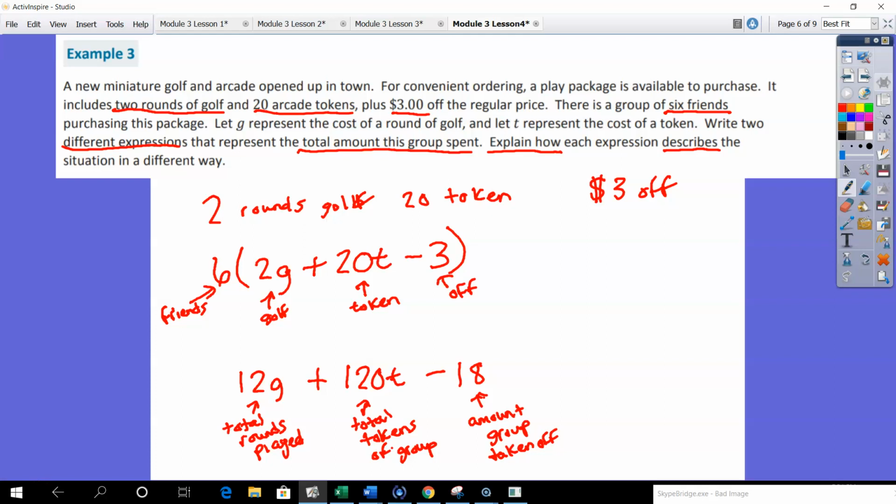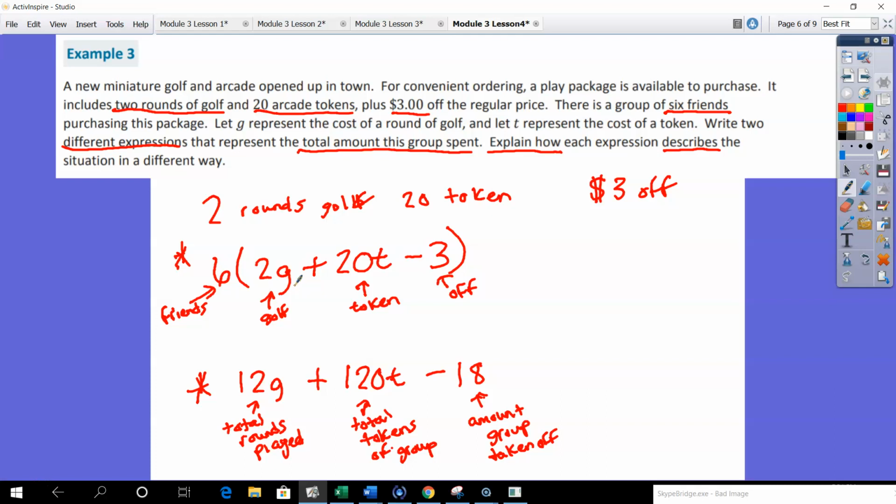So one may be easier than the other to plug in the information. Maybe we want to look at this one because everybody is paid all together. Maybe we want to use this one because we want to just use what's on the inside to see how much each person is paying, because this is what just one person would be getting, and then we take that and multiply it by 6 to see what the total would be.